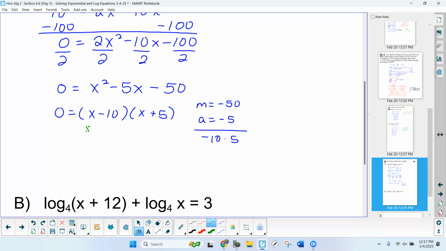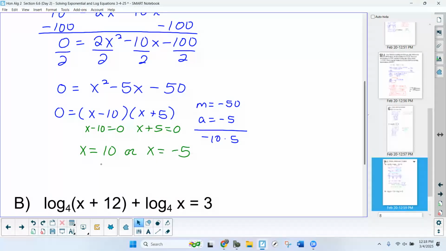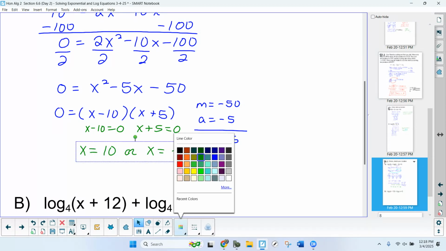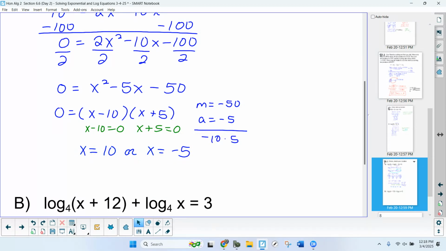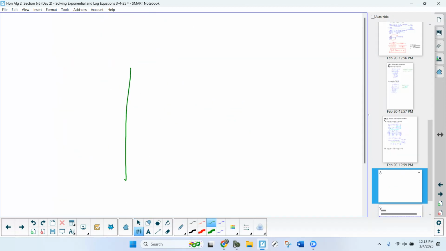Okay, so when you set this equal to 0 and this equal to 0, most of you will skip that and just tell me x equals 10 or x equals what? -5. Now, we have to be careful here, and here's why. I want you guys to think a minute about your log graph.